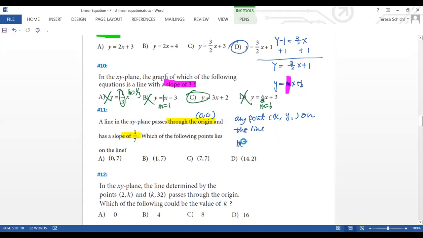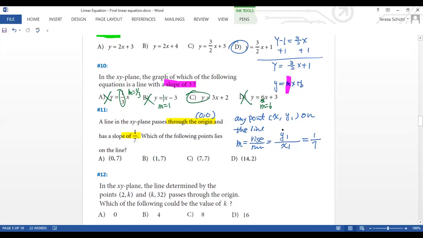The slope is rise over run, so y1 minus 0 is y1, and x1 minus 0 is x1. So this slope here is 1/7. That means the ratio, the rise over run, is equal to 1/7. It has to be 1/7, right?